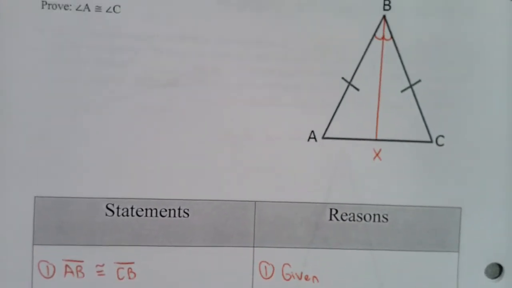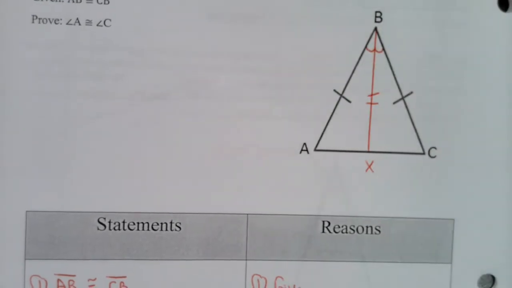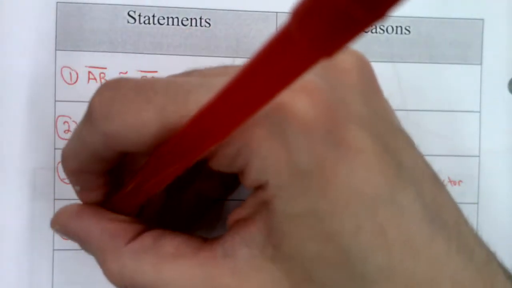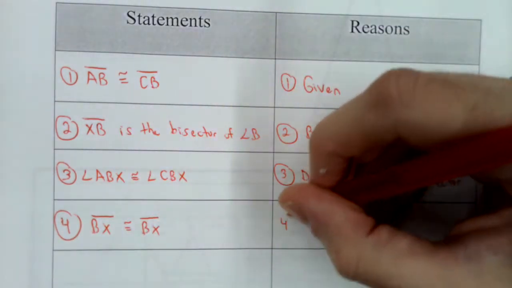Next, I'll use the reflexive property of congruence, and I'll say that segment BX is congruent to segment BX. Reflexive property of congruence.